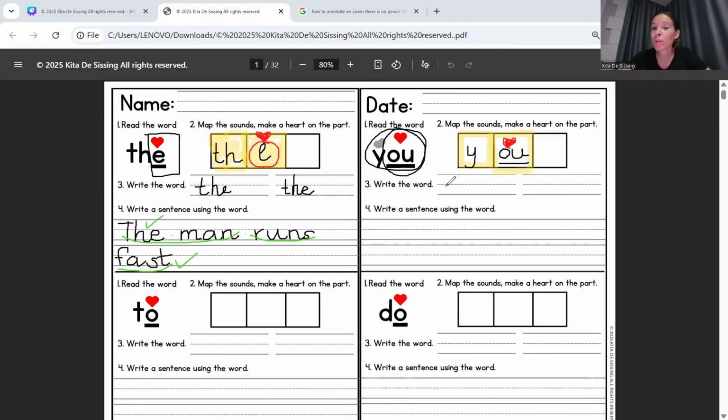As my pencil moves, so does my mouth. Oopsie, looks like I've got a red pen. Whoopsie. All right, let's go. Y, oo, you. Y, oo, you.